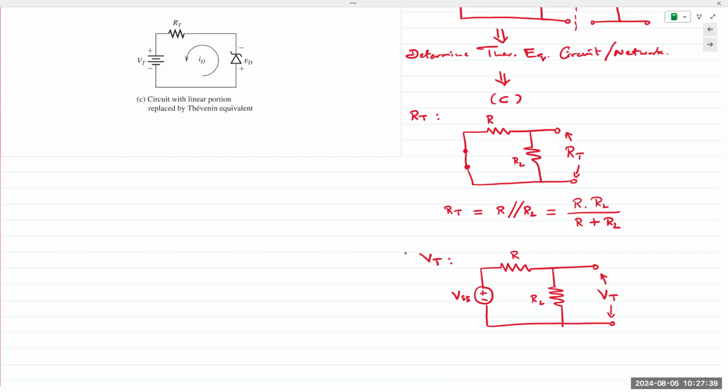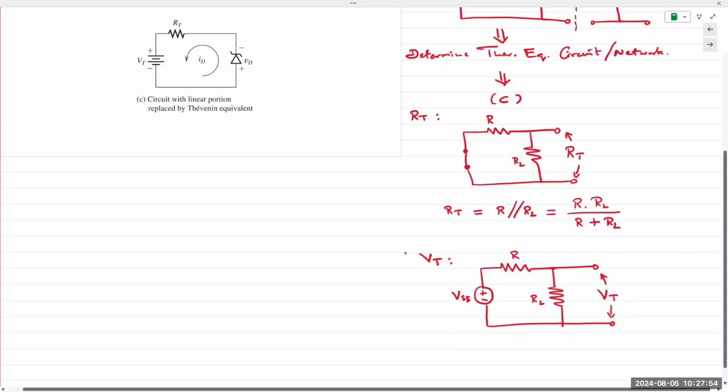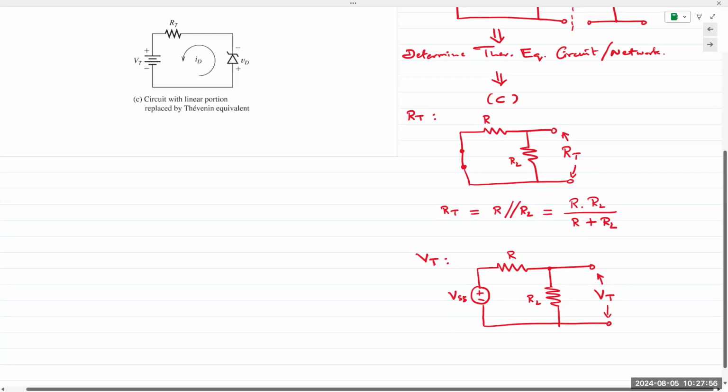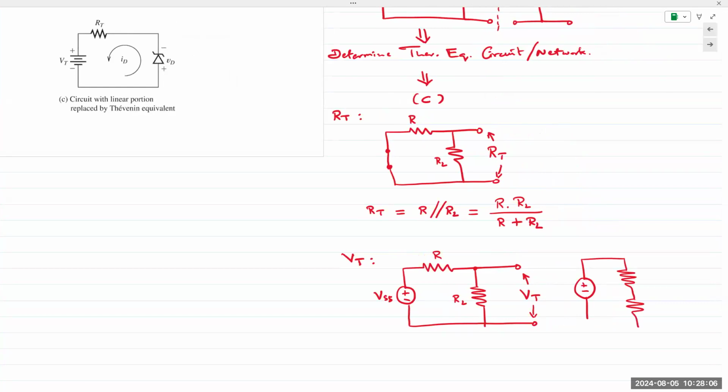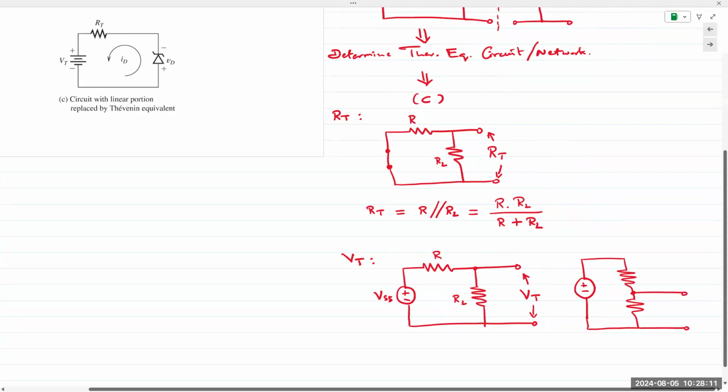When you have one voltage source and you have two resistors, these resistors are in series, even though it doesn't seem like it, because there is no component connected at this node. So I could redraw this circuit as a voltage source, resistor R, resistor RL, and I'm simply measuring or taking the output at this point, which is VT.